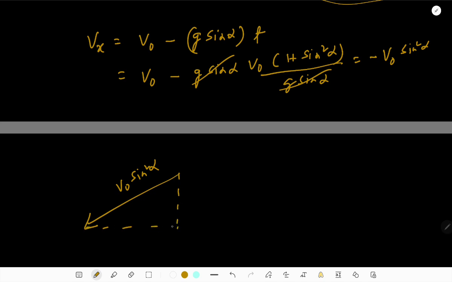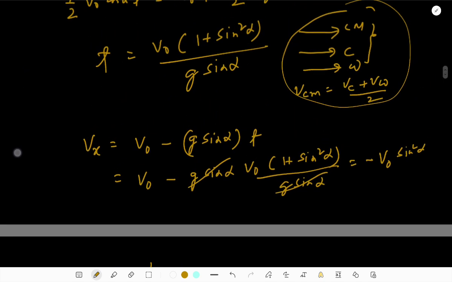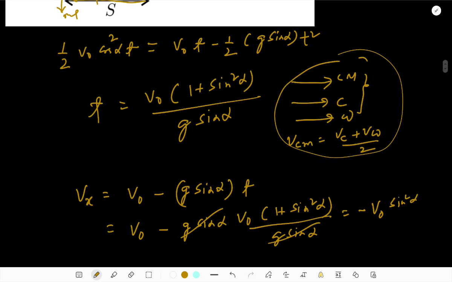I guess this is vertical and this is horizontal, and this angle is alpha and this angle is 90 minus alpha. And the x component, yes. What about the horizontal component of the velocity of the wedge?